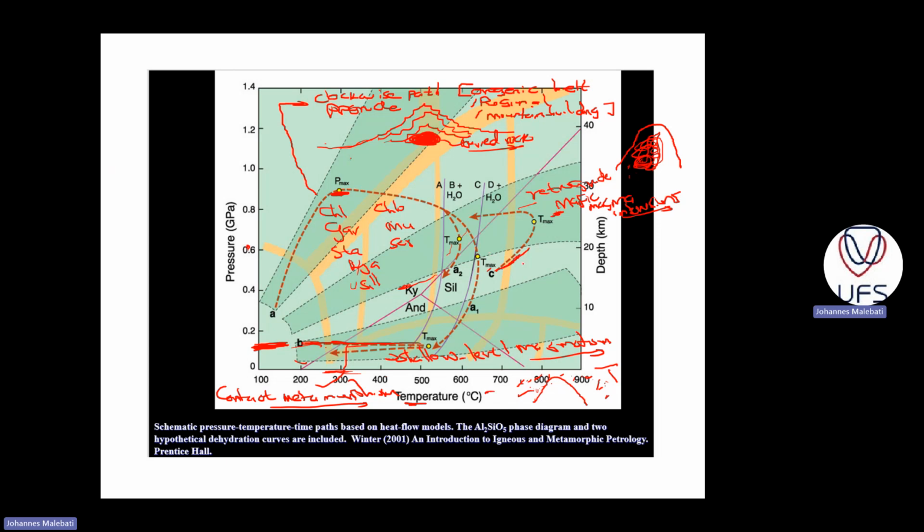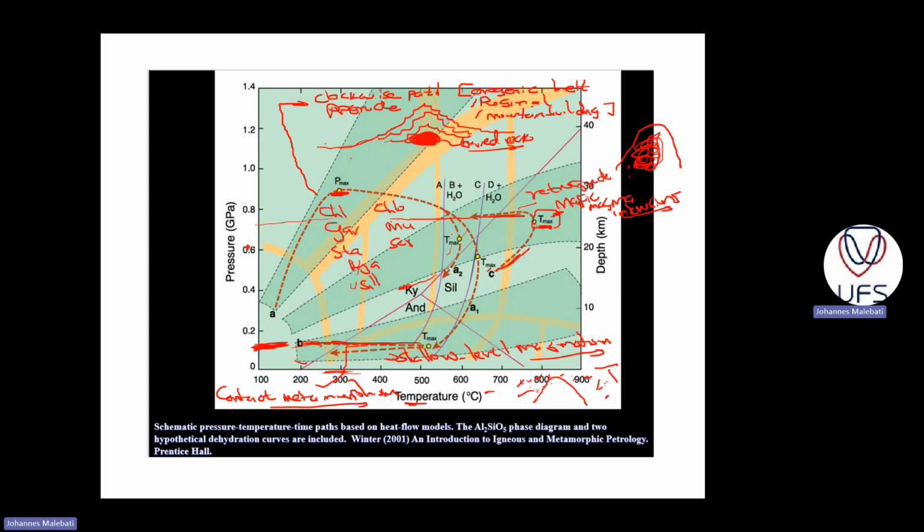But after this magmatism, what do you expect? At the same time, the temperature rises because the rocks closer to that undergo baking. Now, after magmatism, we'd expect these rocks to be at a nearly constant pressure. It could be 0.7 maybe.